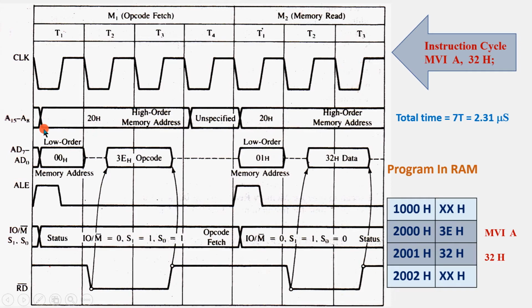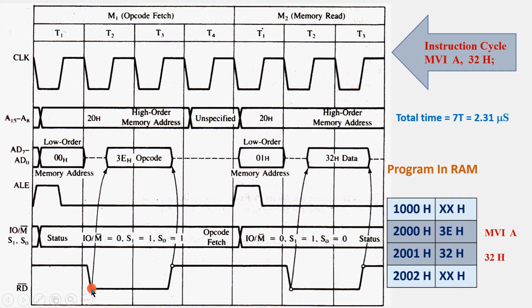Once again I repeat, see that during the first 3 clocks, the high order address, that is 20, and the low order address 00 are issued by the microprocessor. ALE goes high, and after one clock transition RD bar goes low, that means memory read.